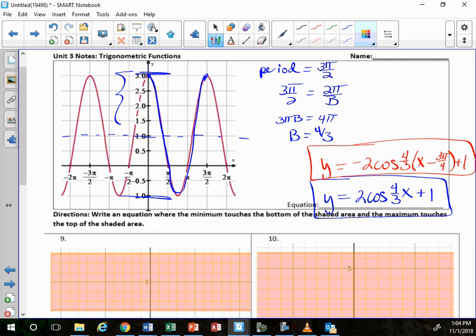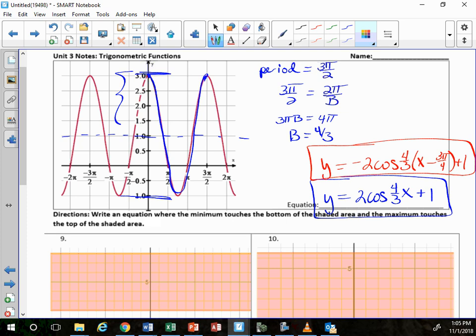I thought you just leave it in normal terms because you didn't factor that. If you don't factor, your equation is -2 cosine parentheses 4/3 x minus pi. Because from here is where I get the phase shift once it's factored.